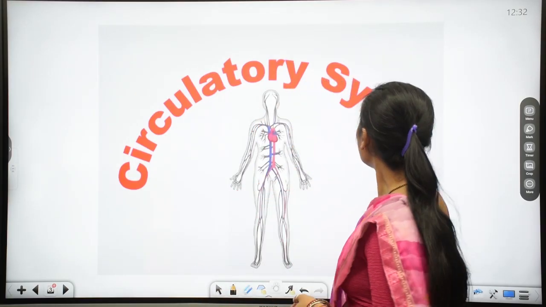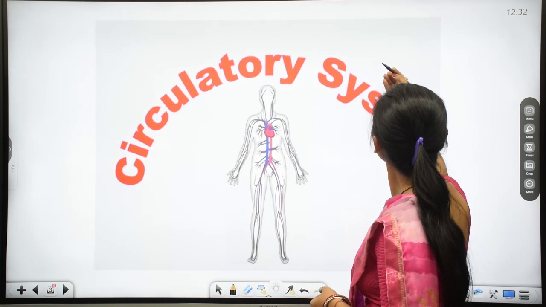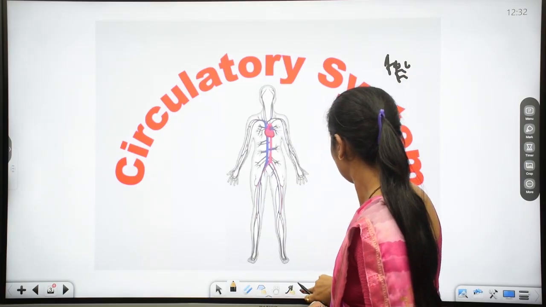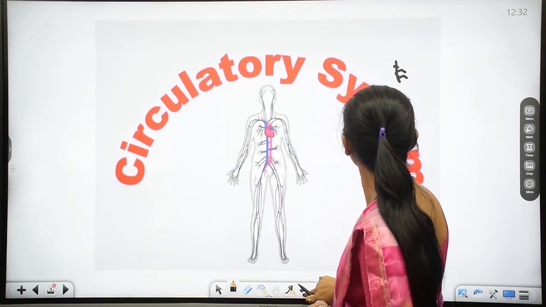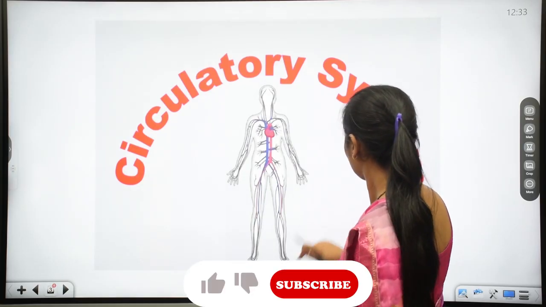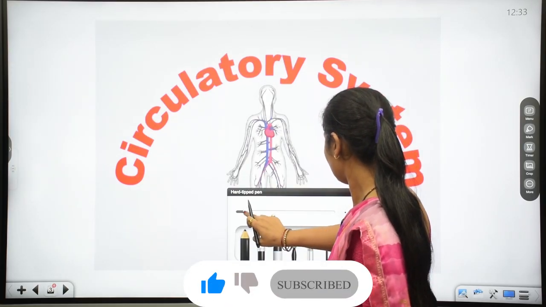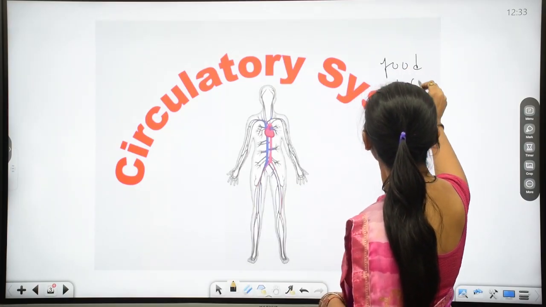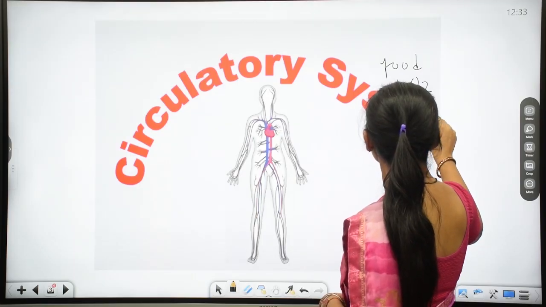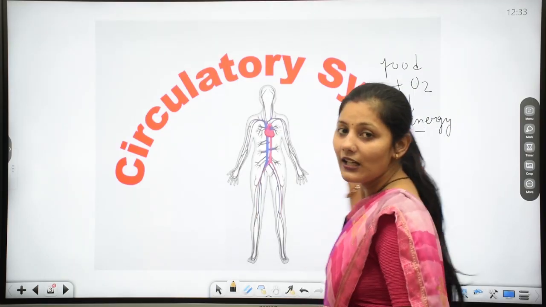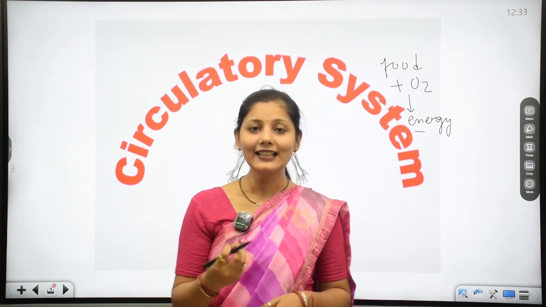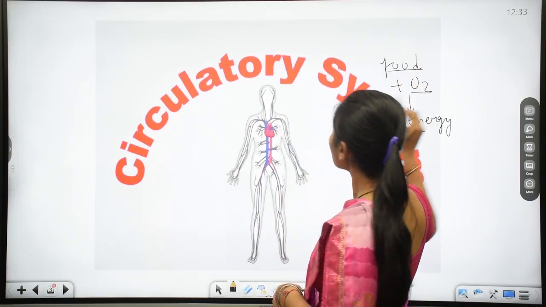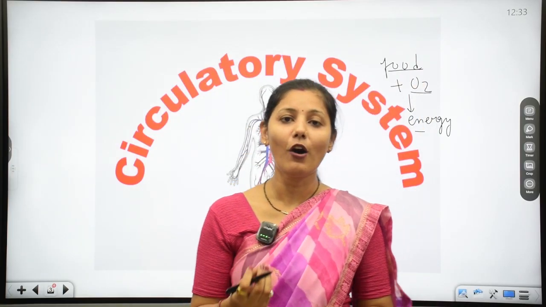The food which we eat combines with the oxygen and gives us energy, right? This energy we utilize for doing our daily activities. And now this food as well as oxygen is transported inside our body with the help of the circulatory system.